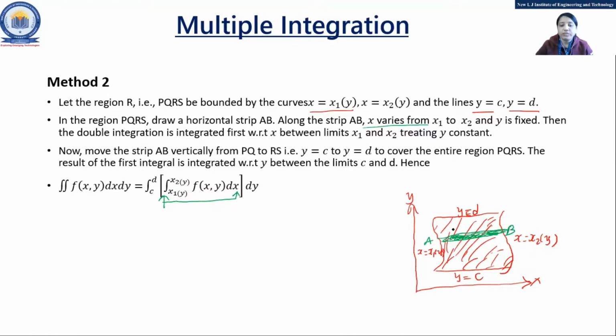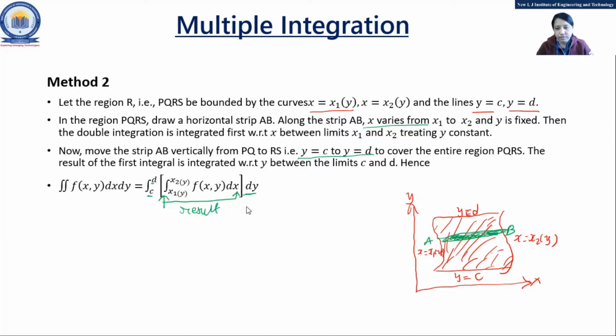In the previous one, we were moving our strip horizontally. Here we will move vertically. So y varies from y equal to c to d. So whatever the result of the integration is, we are doing the integration of that again with respect to y. Clear?